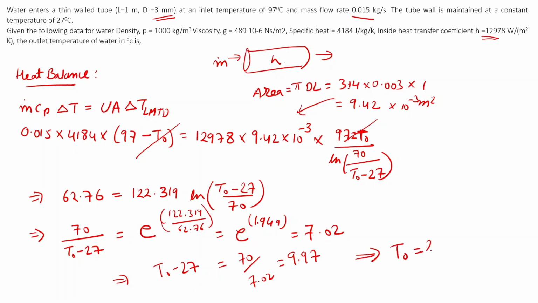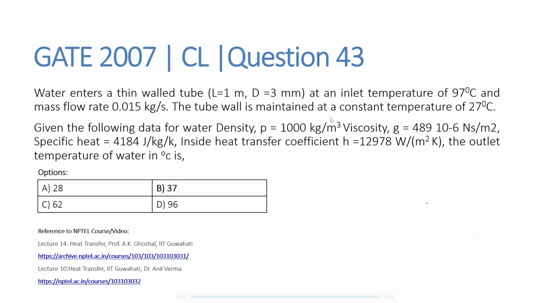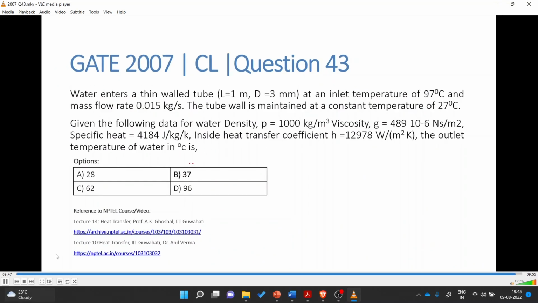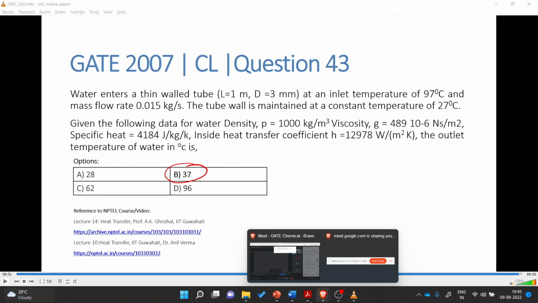That implies T naught will be 27 plus 9.97, that we can write as 37. So the final outlet temperature from this tube is 37 degrees Celsius. From the given options, we can select the final answer as 37 degrees Celsius.